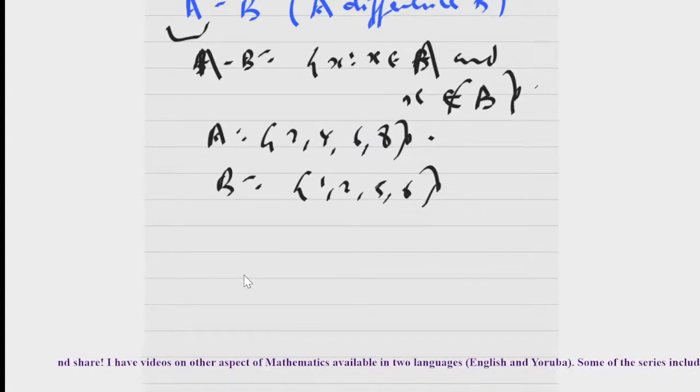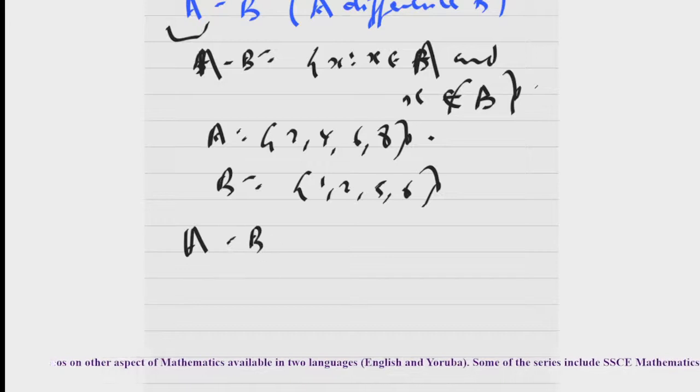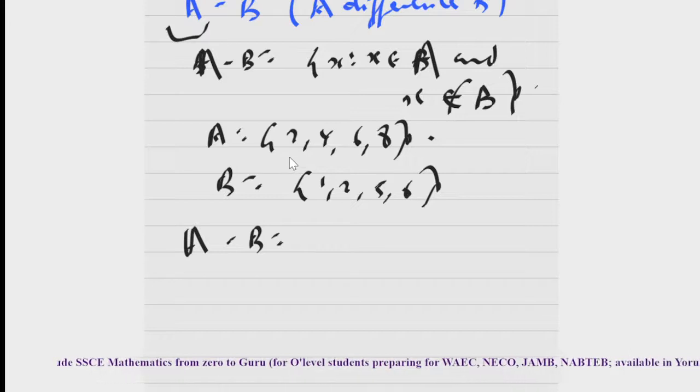So it means your A minus B, according to the definition, that is A difference B, is the set of members which only belong to A but do not belong to B. What are those elements that only belong to A and do not belong to B?